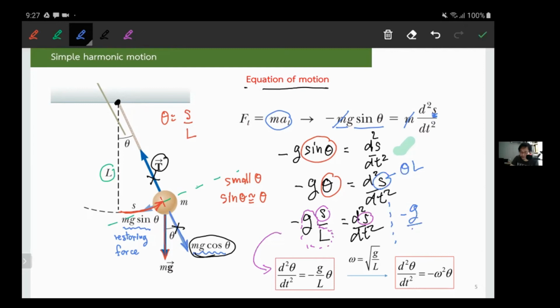But the L is still on the right and I can move it to the left. Isn't that nice? So the key point I'm trying to point out right now is the form of the equation.